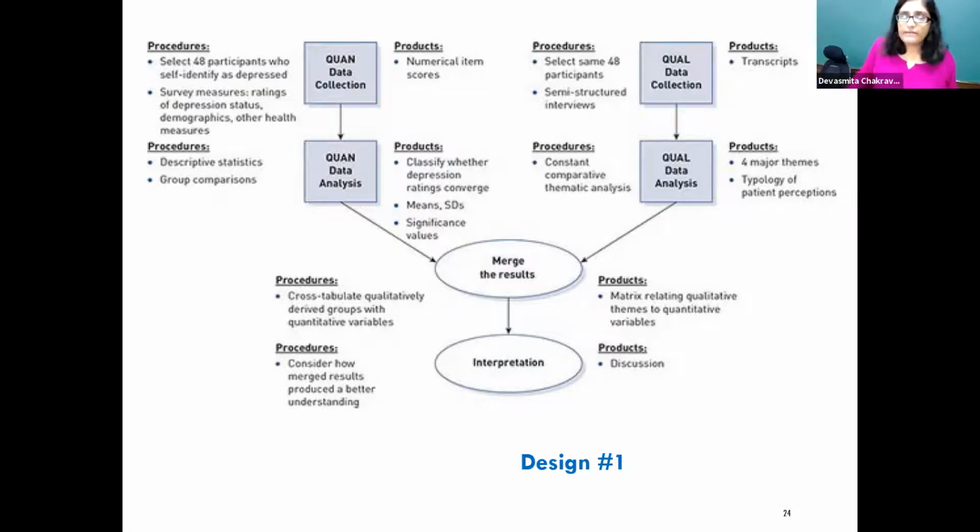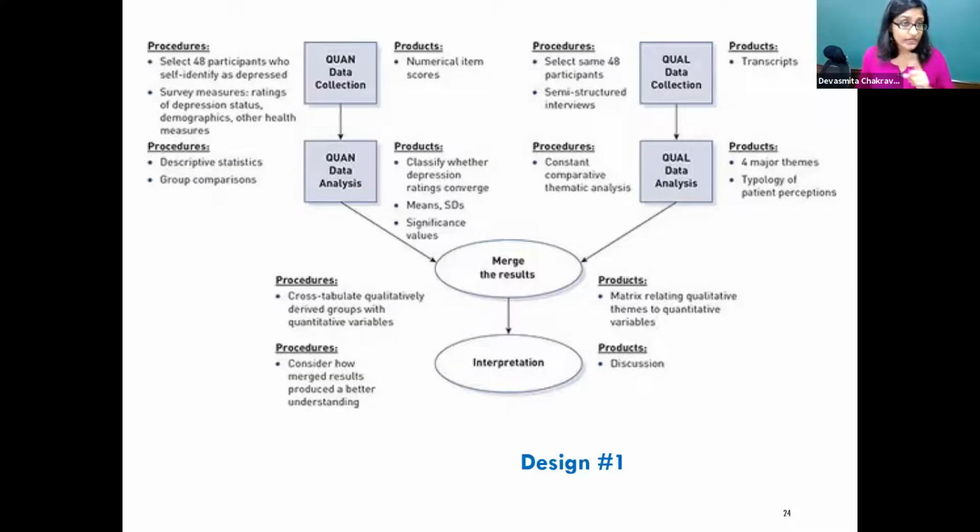Now, for the lack of time, I'm just telling you what it is rather than letting you read the paper. When people take the class that I teach, they actually read the paper and they come up with this diagram on their own. But I'm making it a little bit easier and faster, where I'm telling you that the merging happens at the results interpretation.